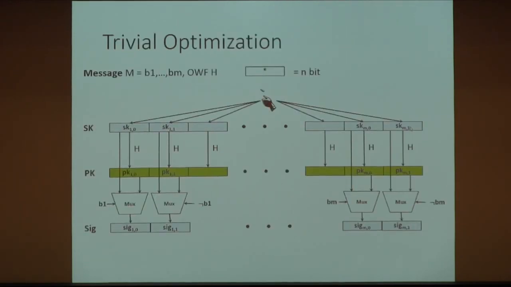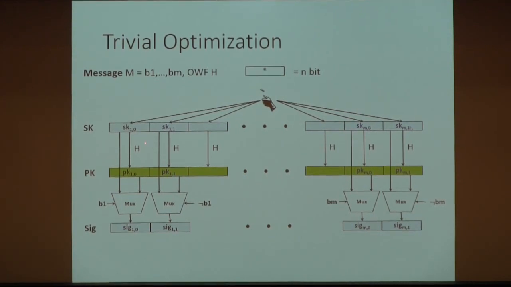And the first, very straightforward, trivial optimization is as follows. Instead of only outputting some secret key elements for a signature, we can output from each pair one secret key element and one public key element.